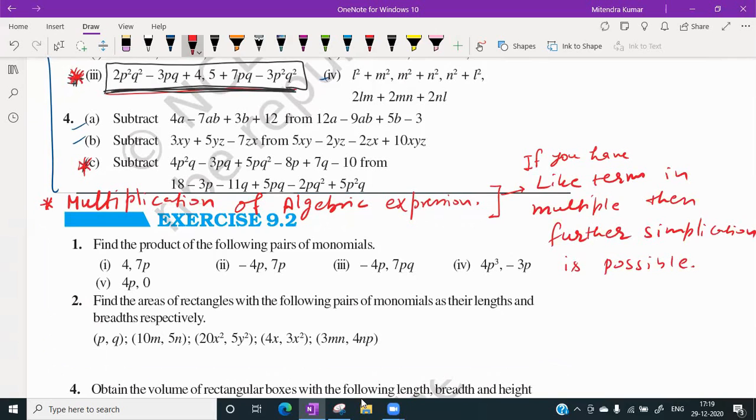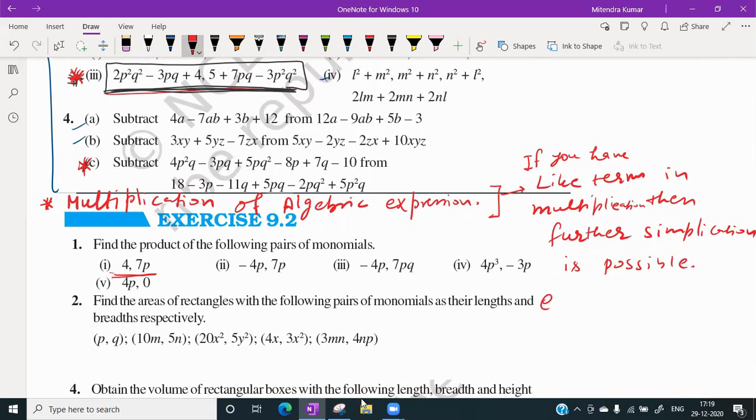Okay, so if you have like terms in multiplication, then you can simplify. Write multiplication. And if you don't have like terms in multiplication, so you have to keep it as it is. Okay, so I will take an easy example first.